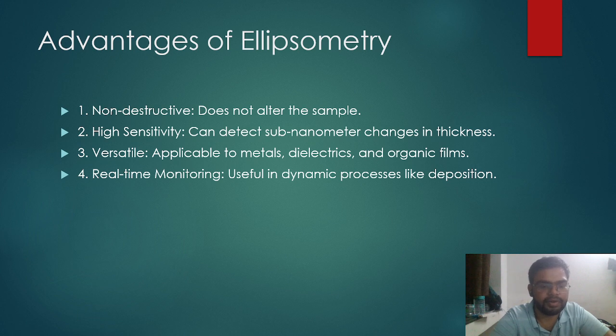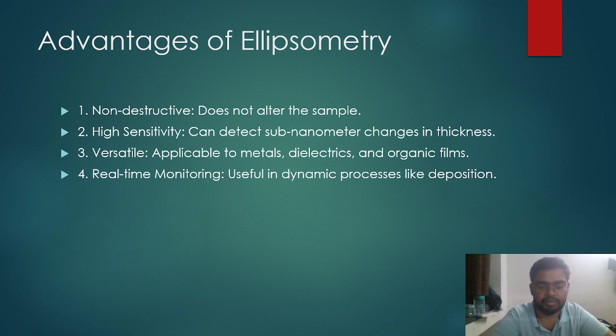Some advantages of ellipsometry are that it is a non-destructive optical analytical technique. It does not change the sample as we just perform a reflection on it. There is nothing else. A linearly polarized light falls on the surface and it is just reflected over it, and nothing else. It has high sensitivity.